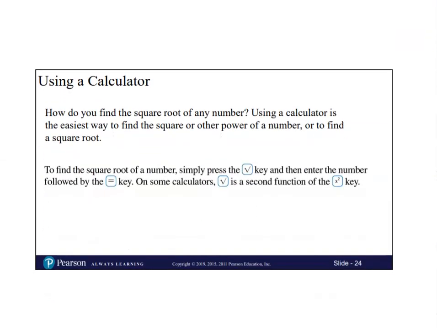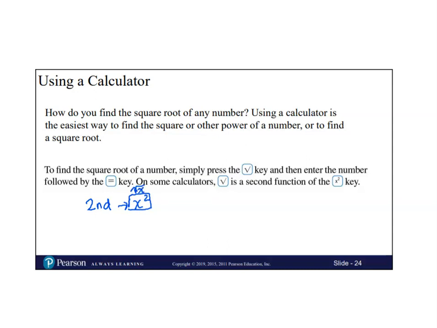How do you find the square root of any number? Using a calculator is the easiest way to find the square root or other power of a number. To find the square root of a number, simply press the square root key. On most calculators, you'll hit the second button, and then the x squared button. Right above the x squared button, you'll probably see a little square root.